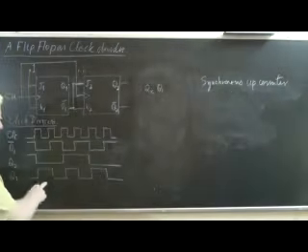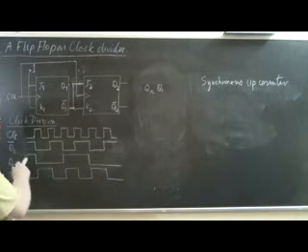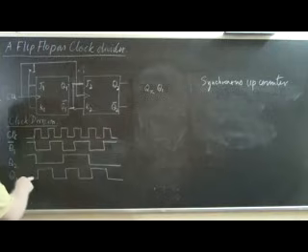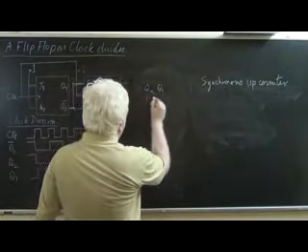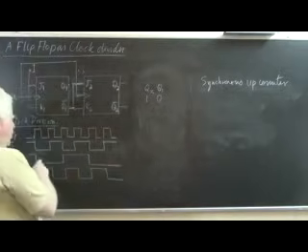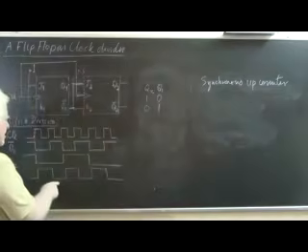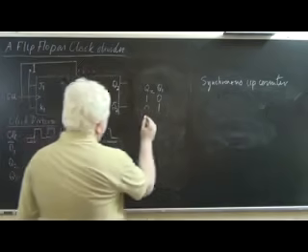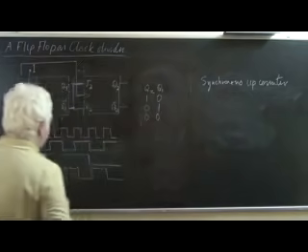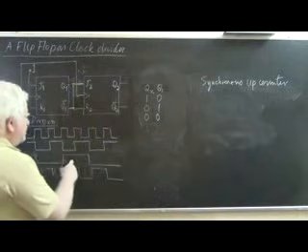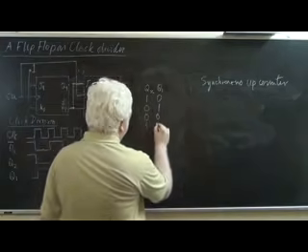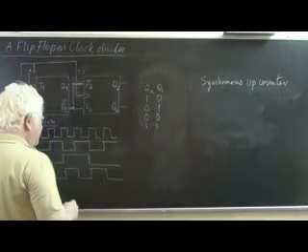Start from here. Q2 and Q1, for example, here are to begin with 1 and 0. Then they are 0 and 1. Then they are 0 and 0. Then they become 1 and 1. And that cycle repeats.